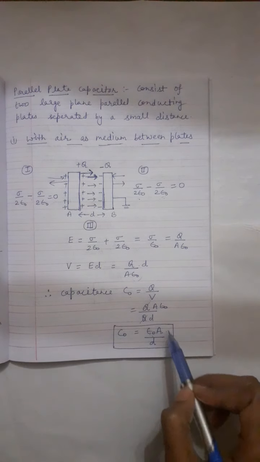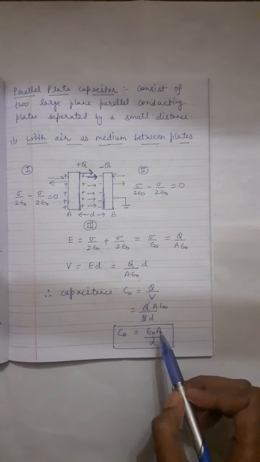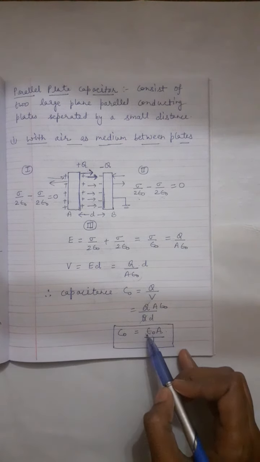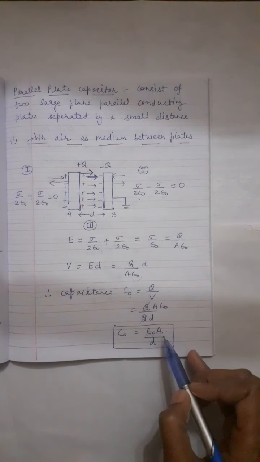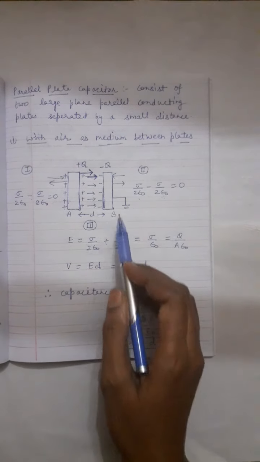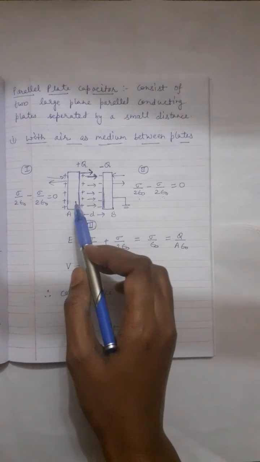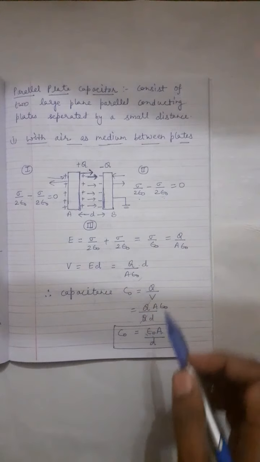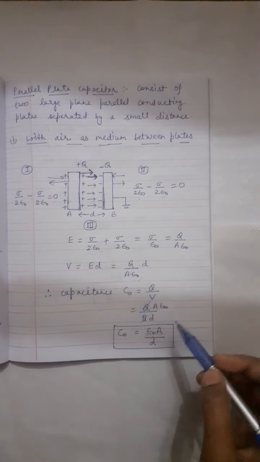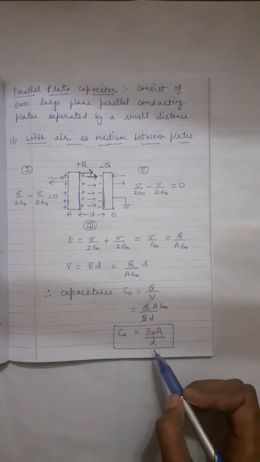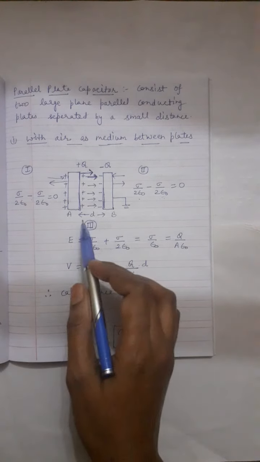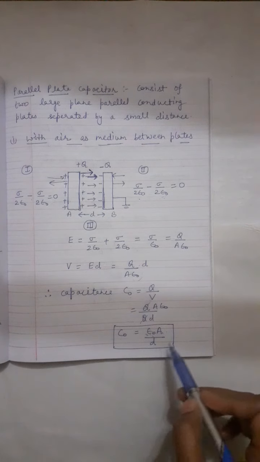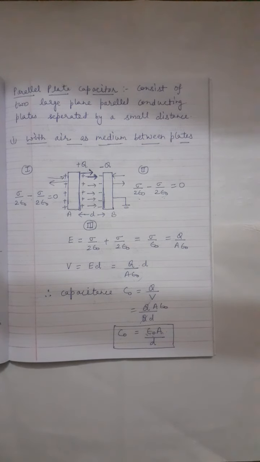This is the value of the capacitance of an air capacitor, where epsilon naught is the permittivity of the free space or air, and A is the area of these two plates. These two plates have the same area. So A is the area of the parallel plate and d is the distance between these two parallel plates. So this is the formula for the air capacitor.